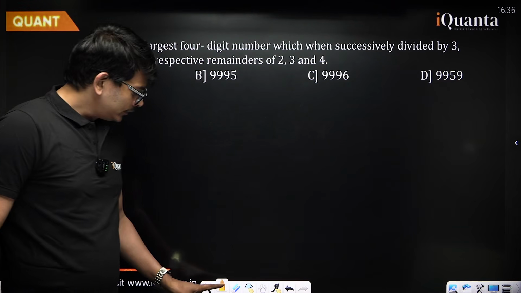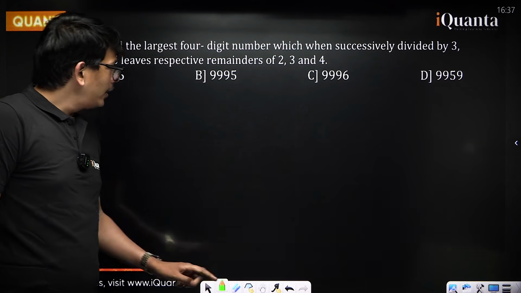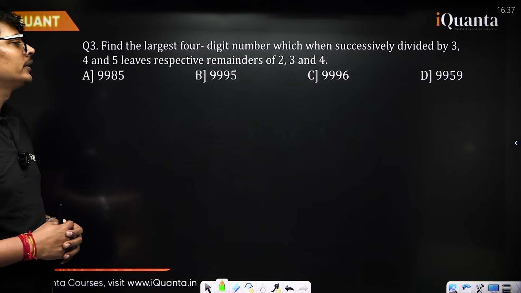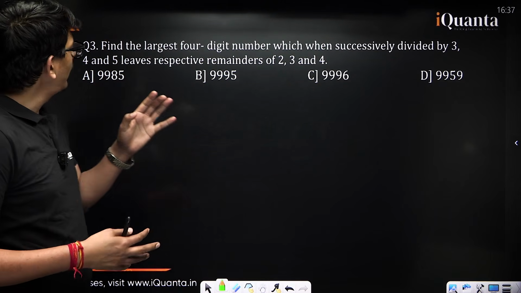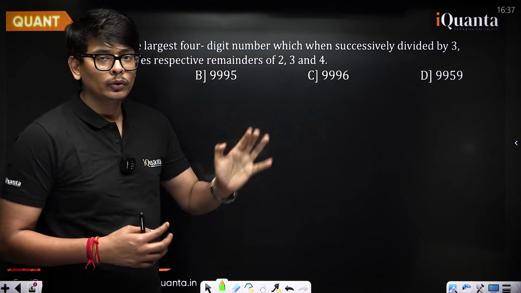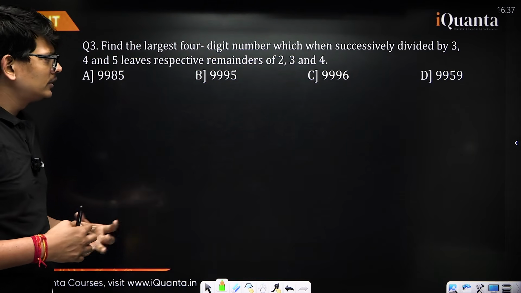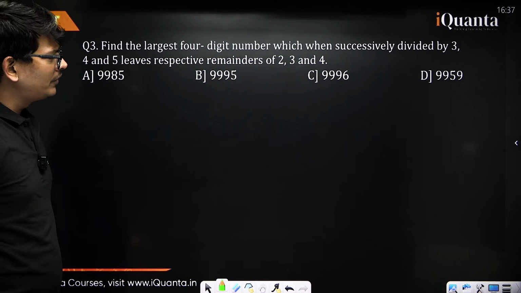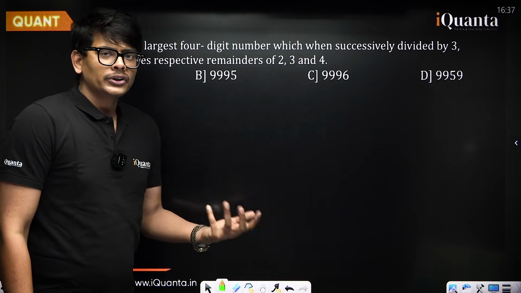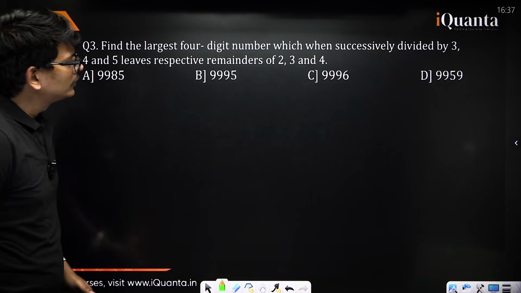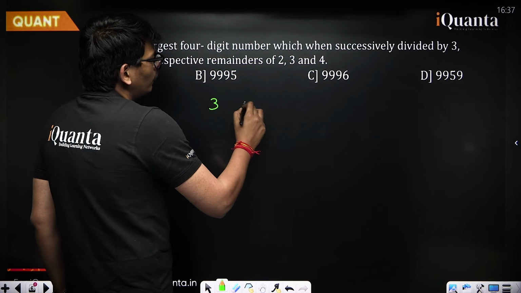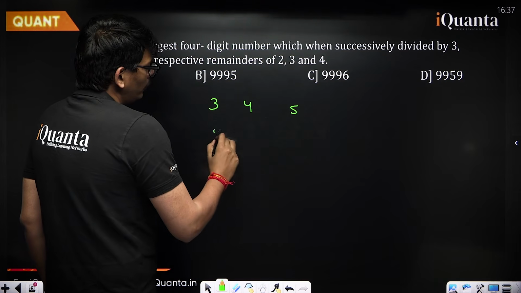Question number 3. Here you have to find out the largest 4-digit number which, when successively divided by 3, 4, 5, leaves remainders of 2, 3 and 4. Although you can use the options to find out the answer, let's go with the concept because in the exam, if options do not come, how can we solve this, right? So 3, 4, 5, 2, 3, 4.